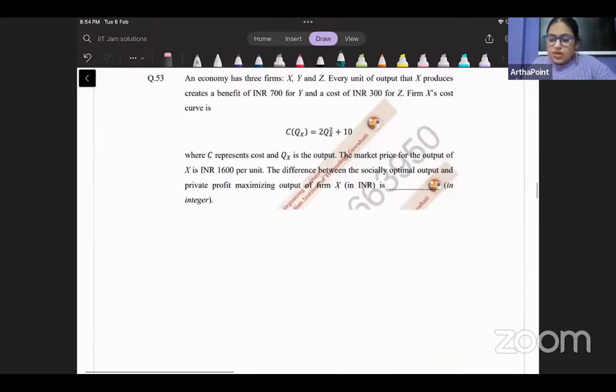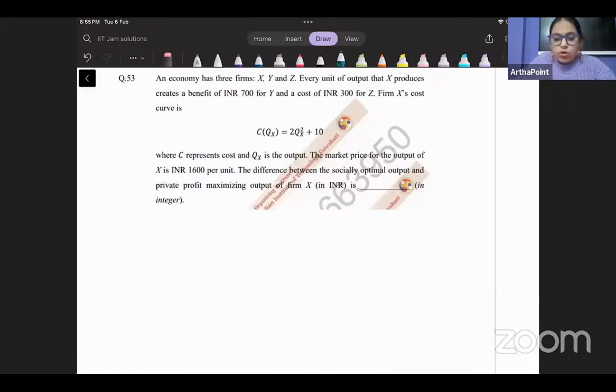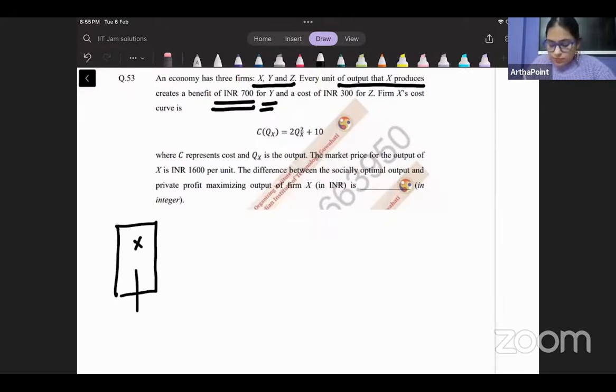Look carefully. In the third question, this created some amount of confusion. Why? Let me explain that. Let's read the question first. An economy has 3 firms X, Y and Z. Every unit of output creates benefit of 700 for Y. Understand this: X is producing something.